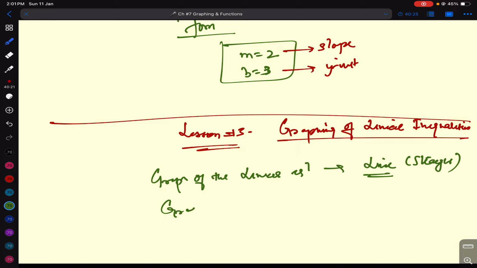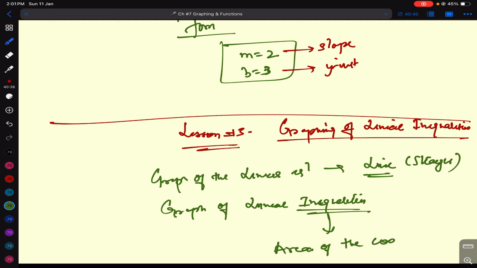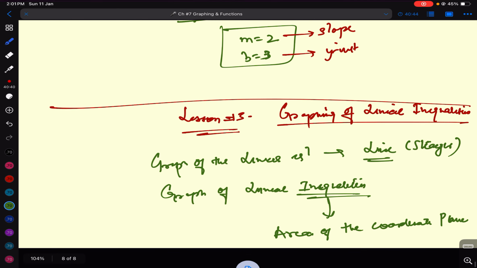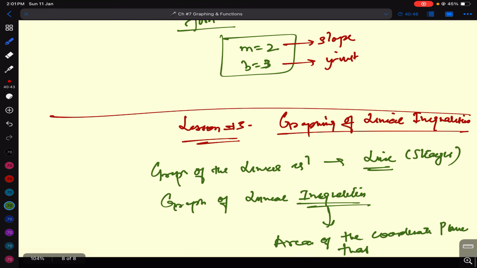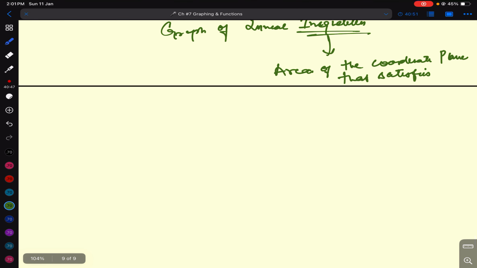But when it comes to the graph of linear inequalities, that is not a line, rather it is the area of the coordinate plane that satisfies the inequality.